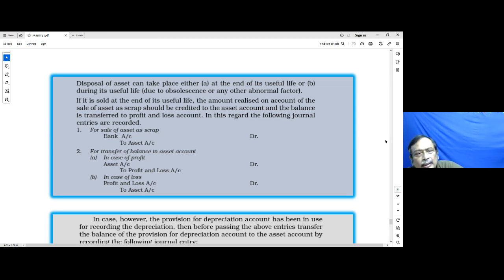Number 1, for sale of asset as scrap, the journal entry is bank account debit to asset account. For transfer of balance in asset account, in case of profit, asset account debit to profit and loss account, and in case of loss, profit and loss account debit to asset account.